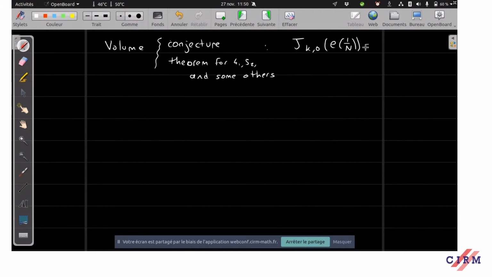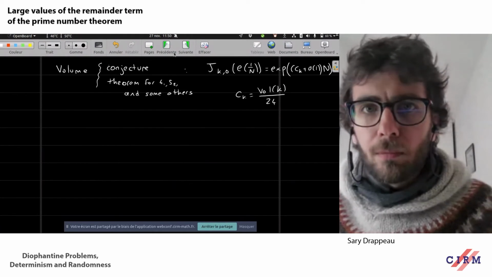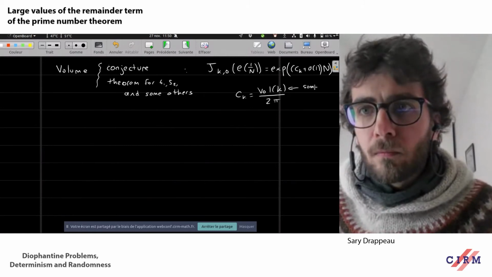So when you look at the first root of unity, and you let the order tend to infinity, they expect that for any such invariant constructed from the knot, and especially the two that I wrote above, there will be an expansion like this. So it will be exponential in n, with c_k some geometric invariant of the knot divided by 2 pi. So it's some constant which has a geometric meaning that I won't discuss today.